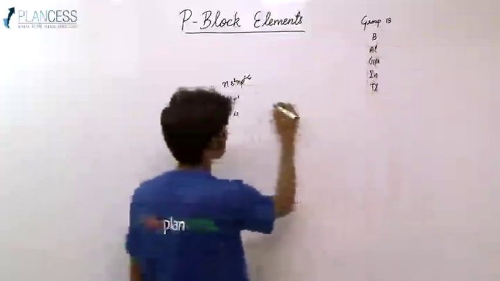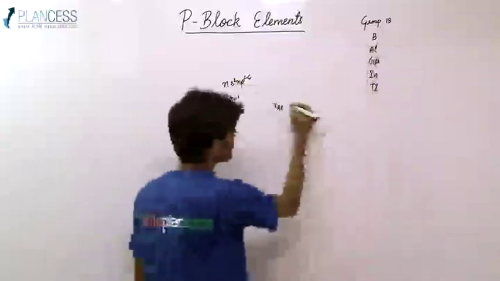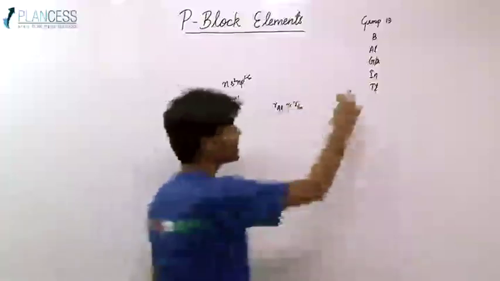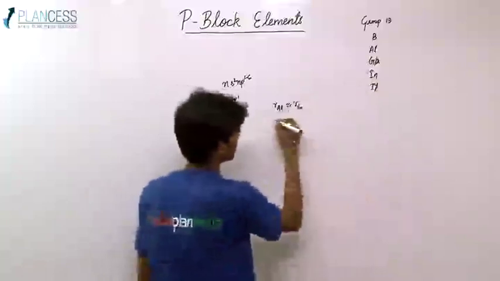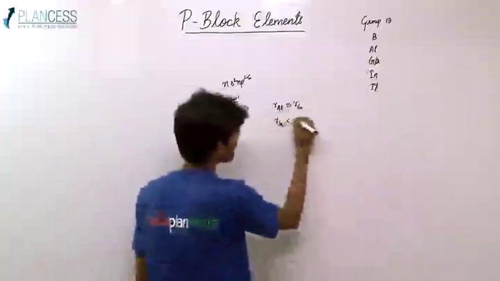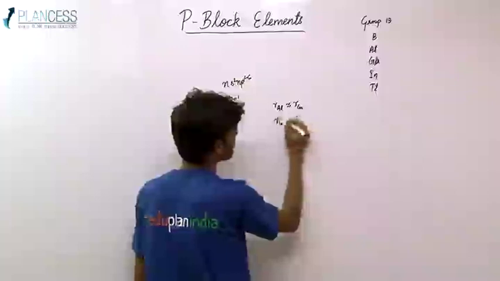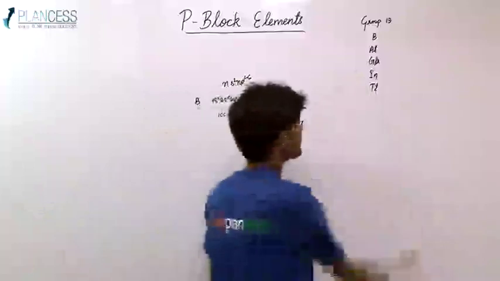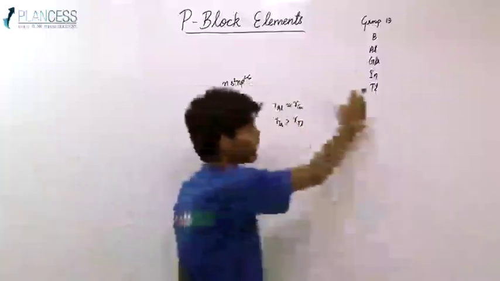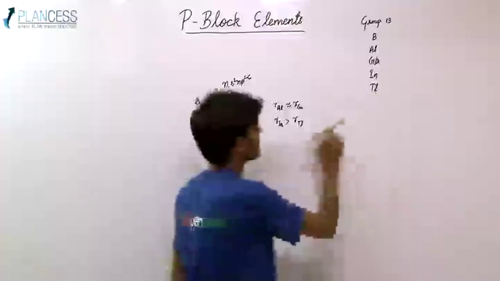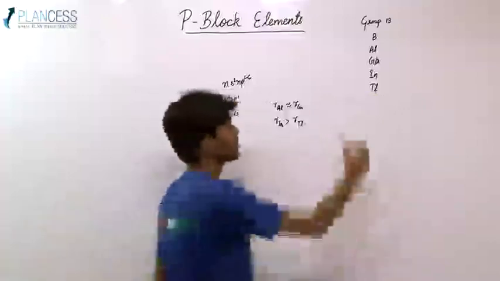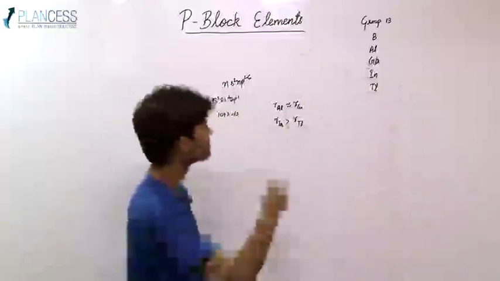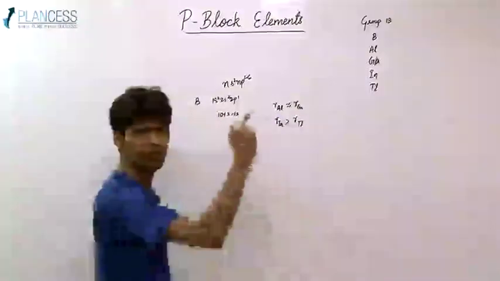And in indium and thallium, the radius of thallium is less as compared to the radius of indium because of very poor shielding effects by the 4f and 5d electrons. So that's the order of the radius for group 13.